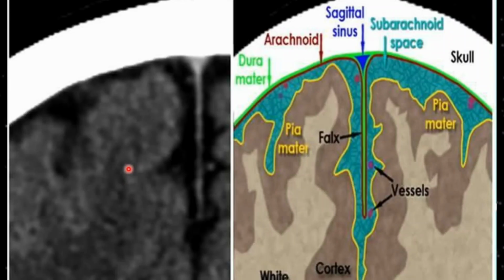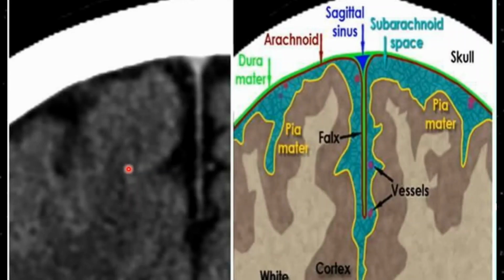You can appreciate that there is a yellow line covering the outer surface of the brain, that is the pia mater, and then there is another red line which is called the arachnoid mater, and then the outermost layer which is called the dura mater. The pia mater, the yellow line, is actually adhering to the surface of the brain.